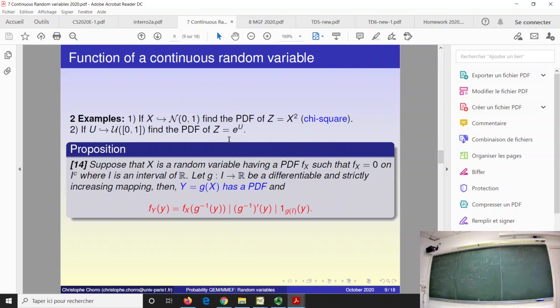Once again, either I am fluent with integrals and it won't be that complicated, or I am not that fluent, but I know my course of probability. Where in the course of probability do you have something with pi inside? The Gaussian.